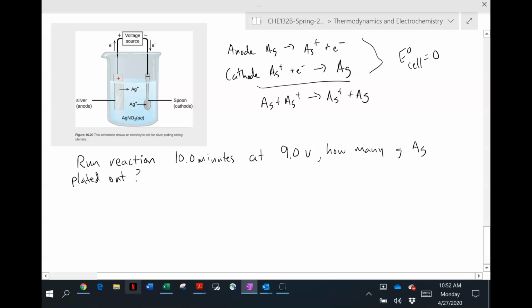Although it doesn't look like it, this is basically a stoichiometry type problem where we're going to have to use a couple of tricks.